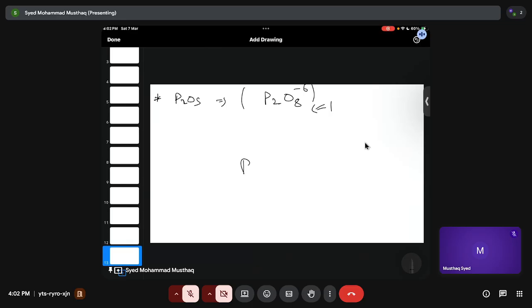So let's write P with oxygen, oxygen, oxygen, oxygen, oxygen, oxygen. Now 1, 2, 3, 4, 5, 6, 7. So 1, 2, 3, 4, 5. So yeah, maybe this is how it forms.